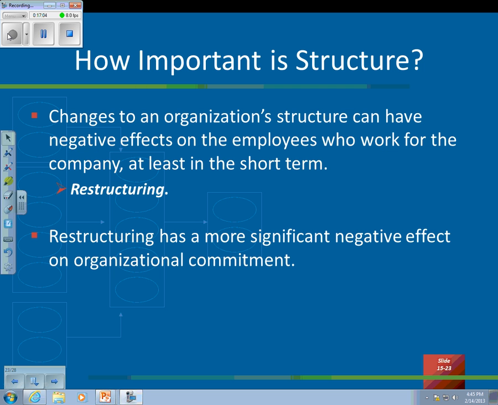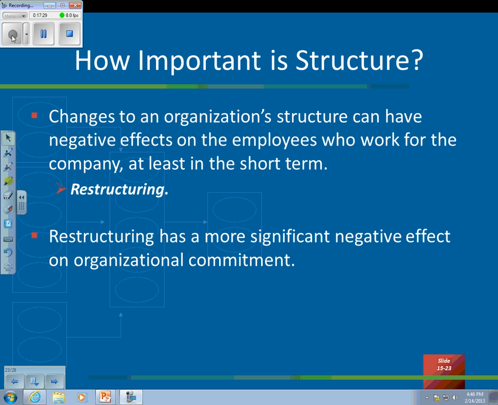People are afraid. People wonder, how is this going to affect me? Who's my new boss? How can I show them that I want to keep my job? Am I going to be the next one to be axed? So there's considerable anxiety that is brought on by restructuring.